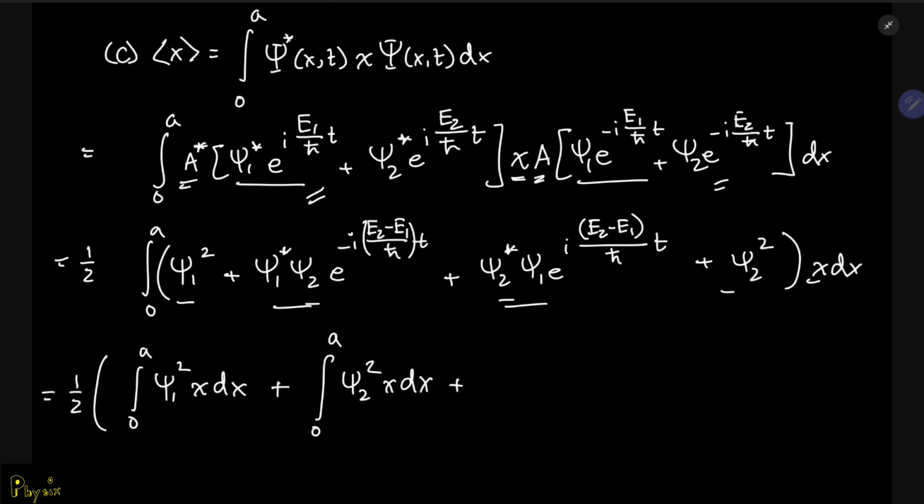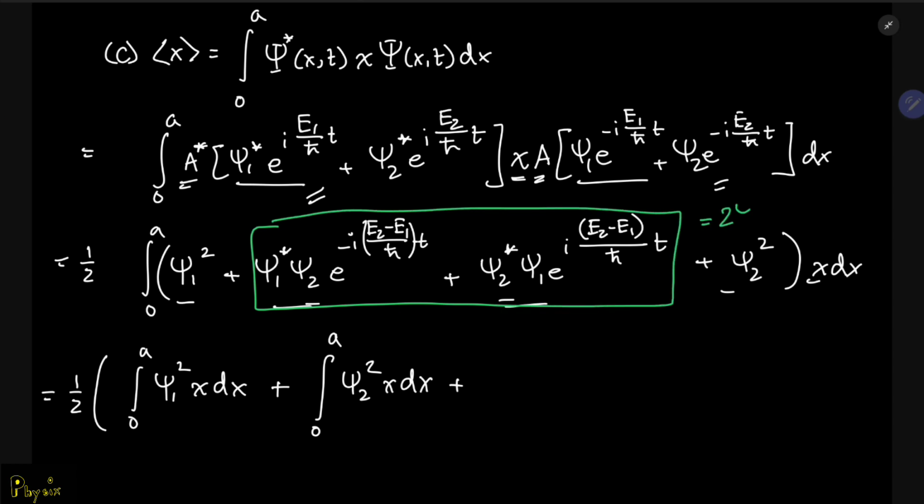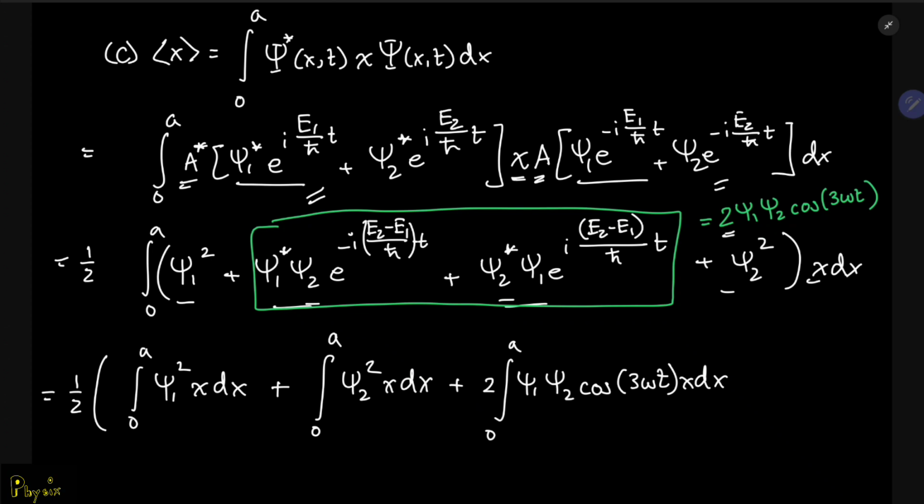So that makes this whole term basically equal to 2 psi 1 psi 2 cosine of 3 omega t. So we have the integral of psi 1 psi 2 cosine of 3 omega t x dx, with bounds from 0 to a. I pulled the 2 outside of the integral because that's basically a constant.